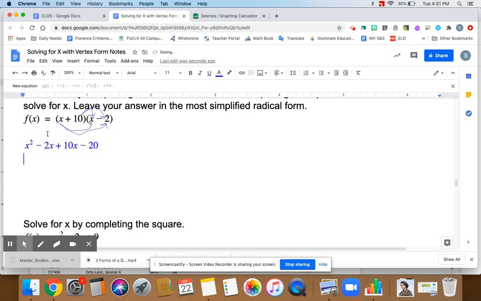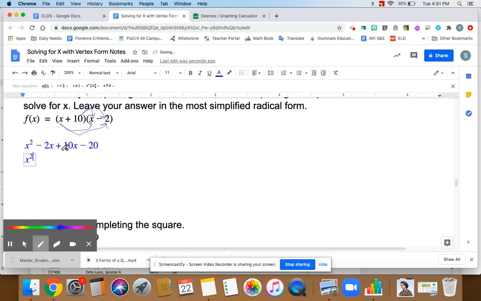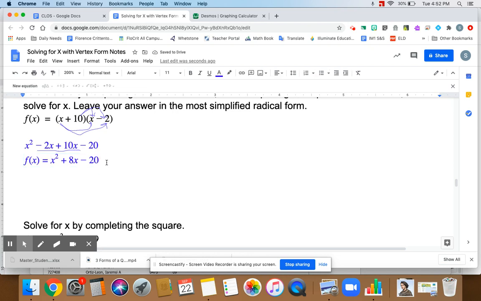And then I need to combine like terms. So this is it for x squared. But these two, negative 2x plus 10x, combine. Negative 2 plus 10 is positive 8, and they're x's. And then I still have negative 20. So this is my equation. I could write f of x equals, or I could have written y equals.